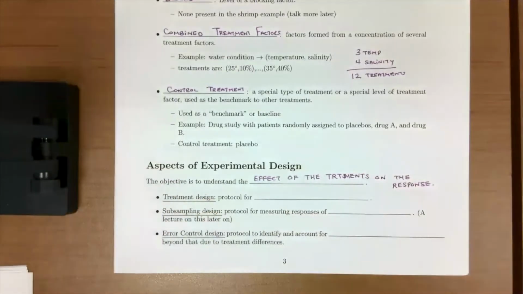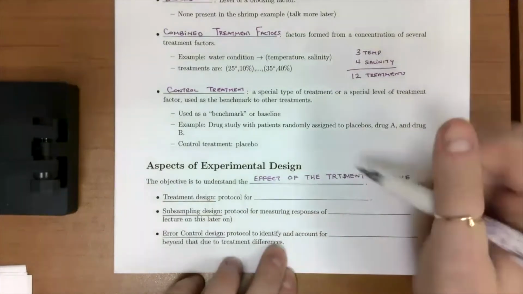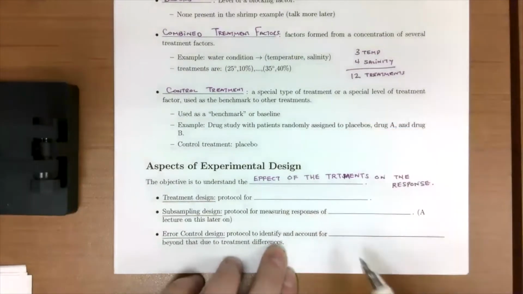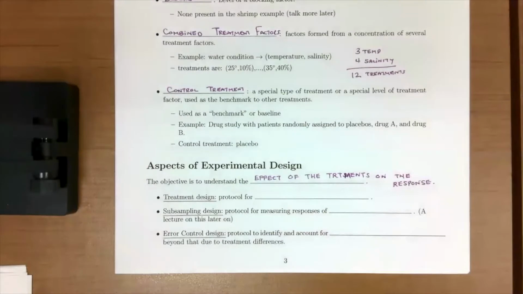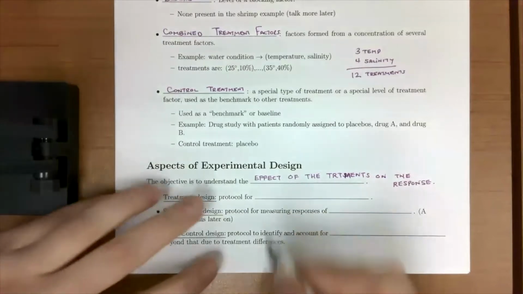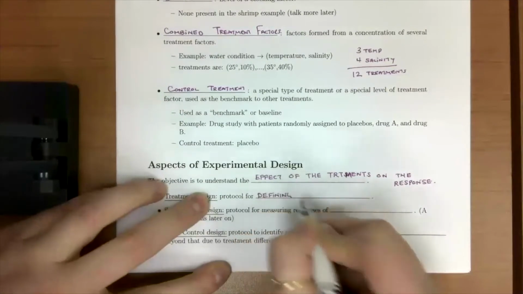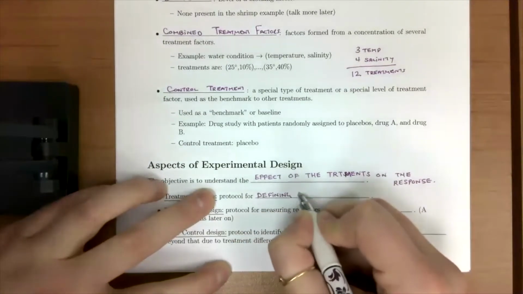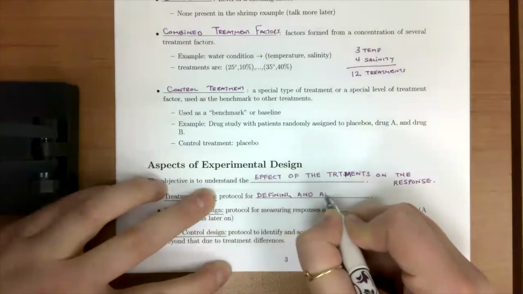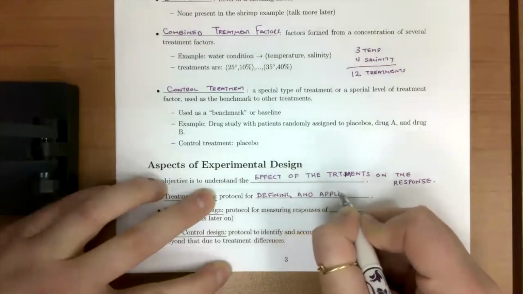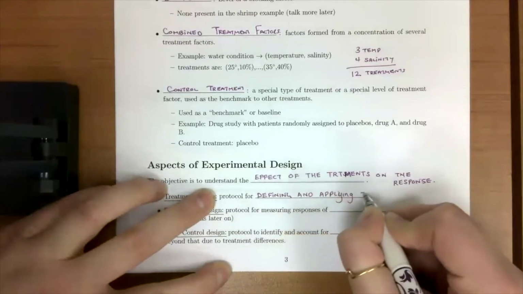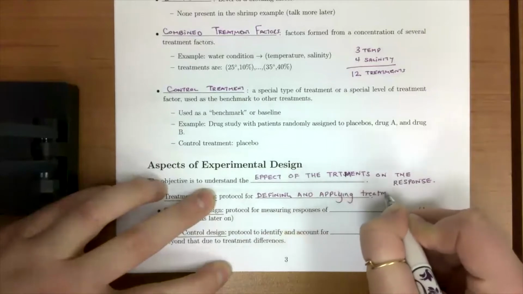And so we're applying some treatments, I abbreviated there to try and save some time. We're applying treatments and we want to see how they're affecting it. And so some ways we do this is through a treatment design, which is the protocol for defining and applying treatments.